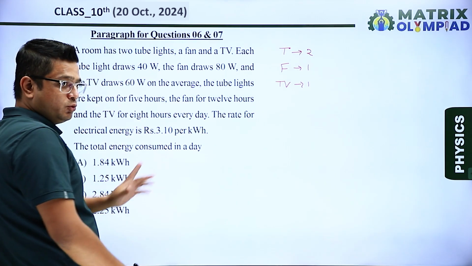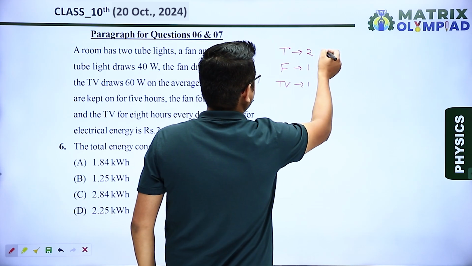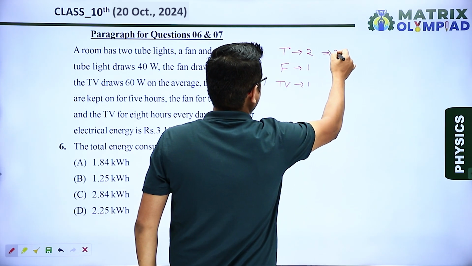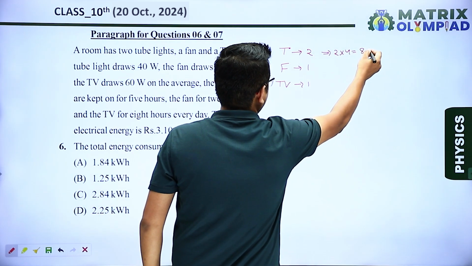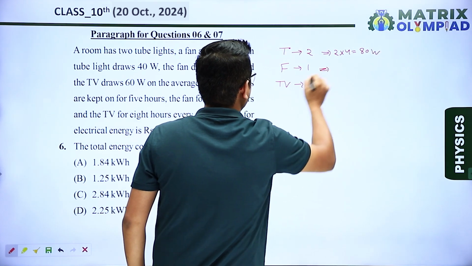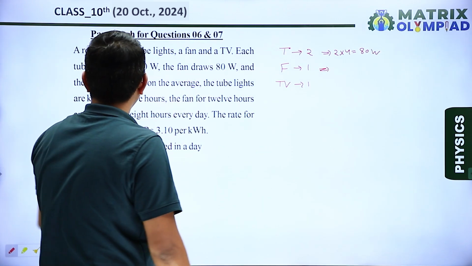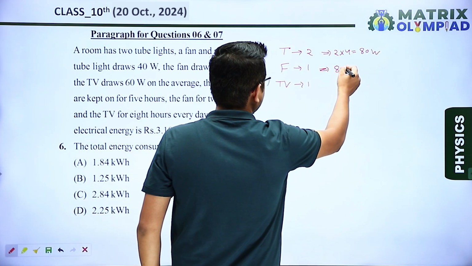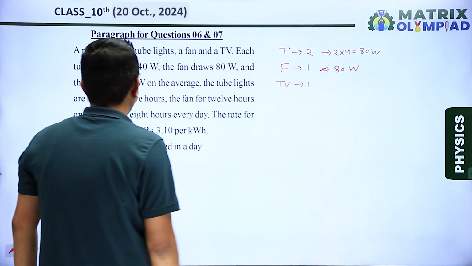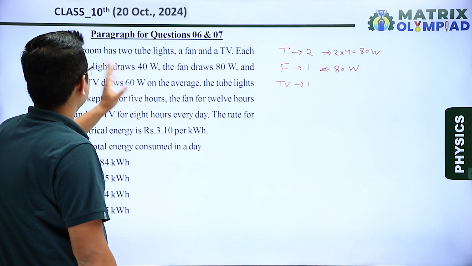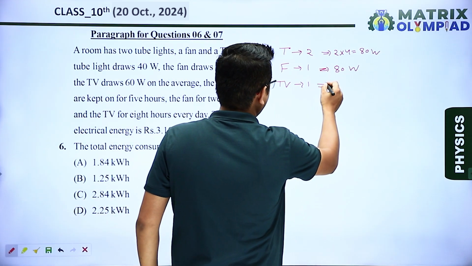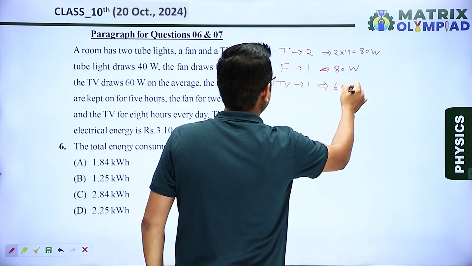That means we have 2 tube lights, total power will be 2 multiplied by 40, which is equal to 80 watt. The fan draws 80 watt. That means total power consumed will be 80 watt. And the TV draws 60 watt. That means total power consumed by TV will be 60 watt.